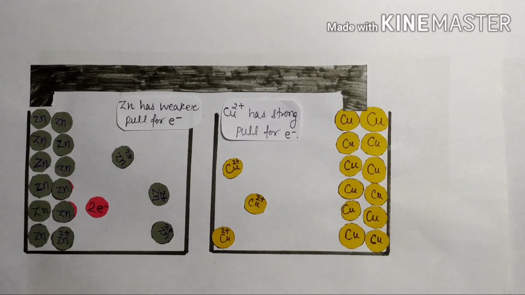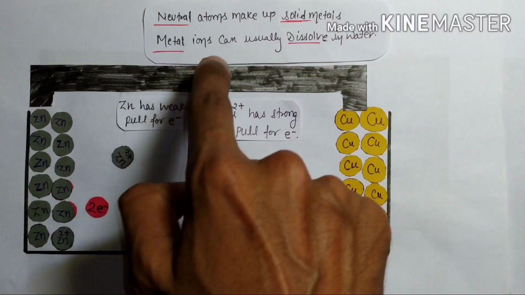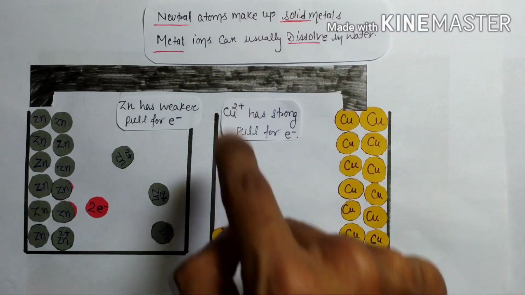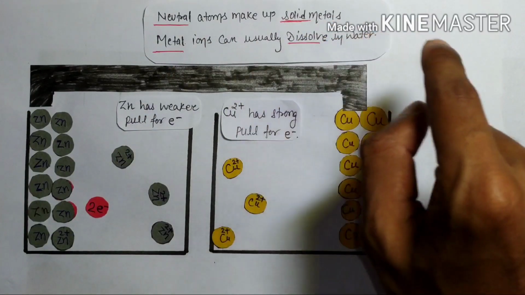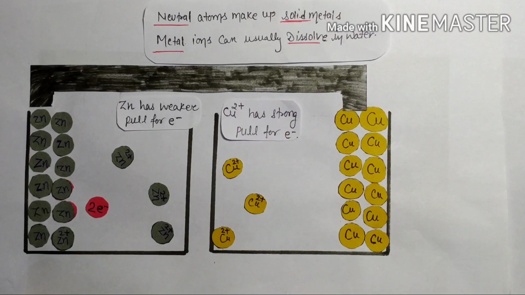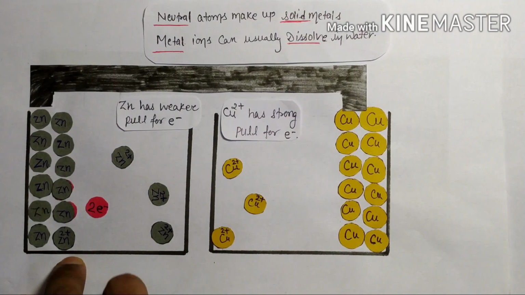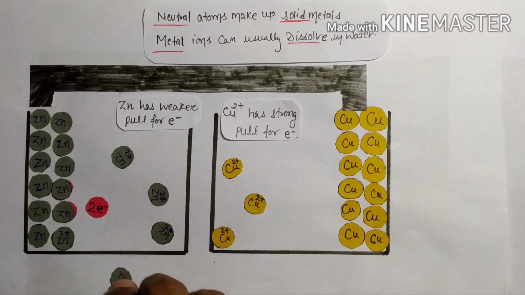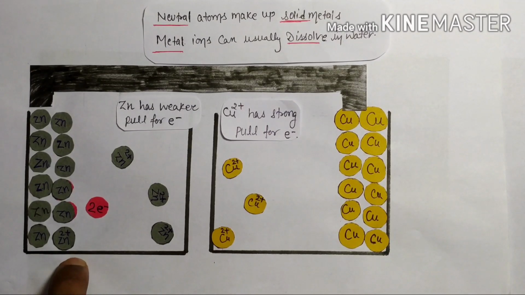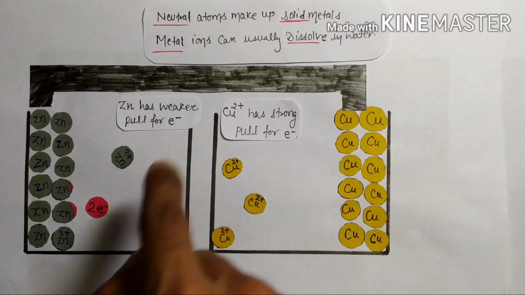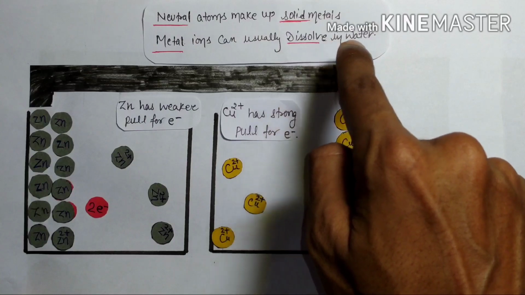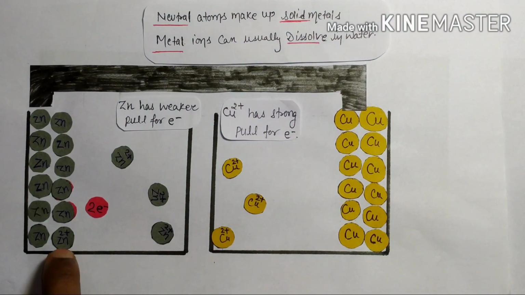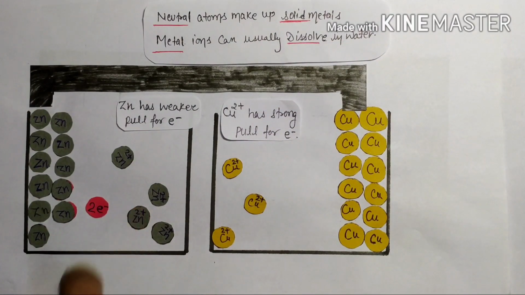We also know that neutral atoms make up the solid metals, and metal ions can usually dissolve in water. So here, this zinc loses its 2 electrons, and after that it becomes Zn2+. Since metal ions can usually dissolve in water, this Zn2+ goes into this solution.